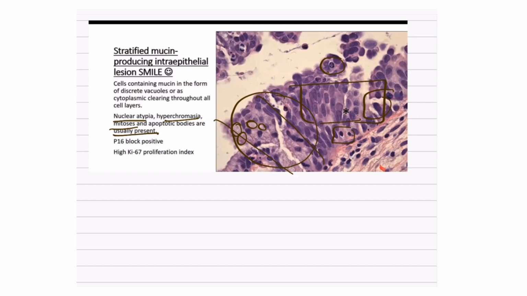And there is a mucin layer throughout. So not just here or just here or just here. No, throughout. So when you see this, you can mention that you see stratified, what is stratified? In layers. Mucin producing.